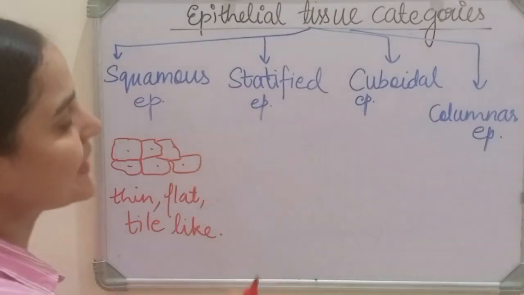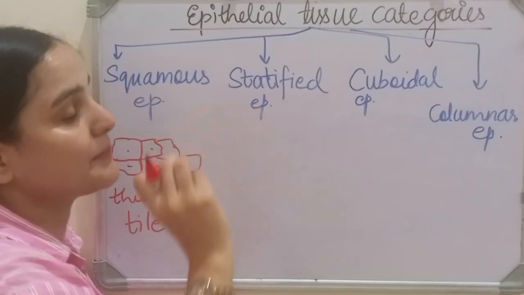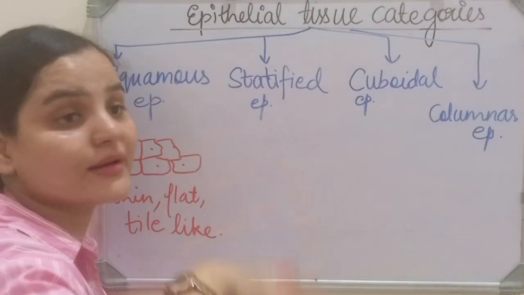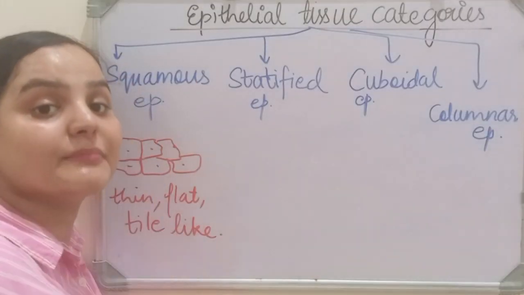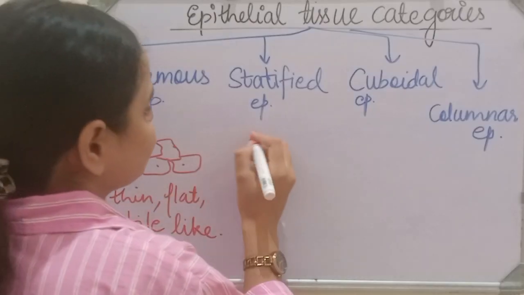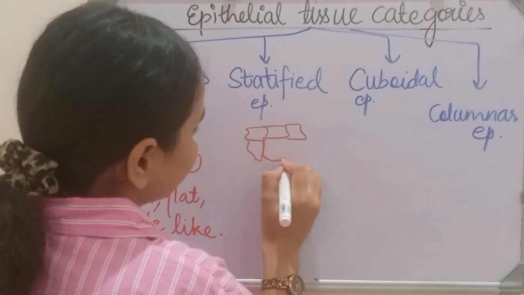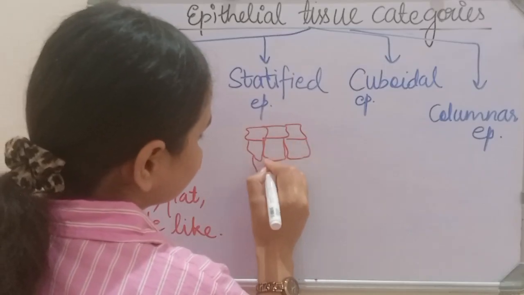Okay. Now stratified. Strata means layer. So this stratified epithelium consists of layers of cells that may be formed of the same types of cells or different types of cells. So this is how it looks. There are several layers of this.